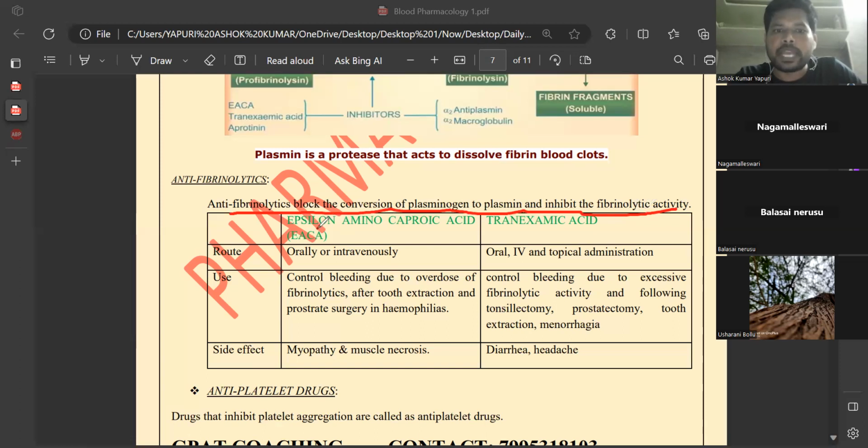Examples are epsilon aminocaproic acid and tranexamic acid. The route of EACA is oral or IV, and tranexamic acid is oral, IV as well as topical administration. And when is this antifibrinolytic EACA used, in which condition?